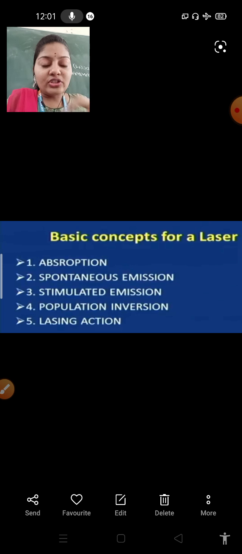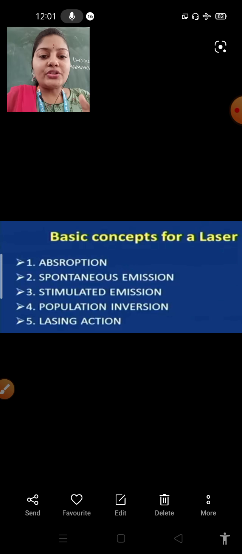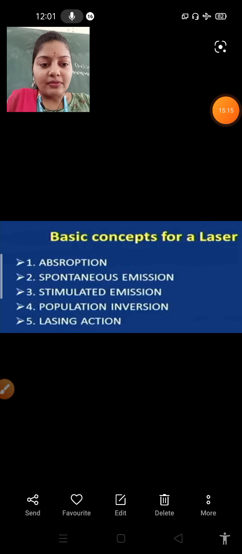So the ground state contains fewer atoms and the excited state contains more atoms.